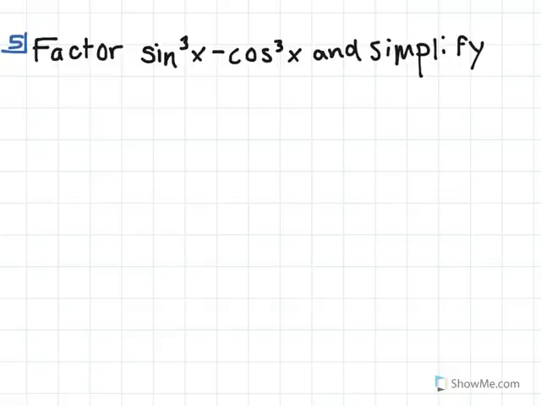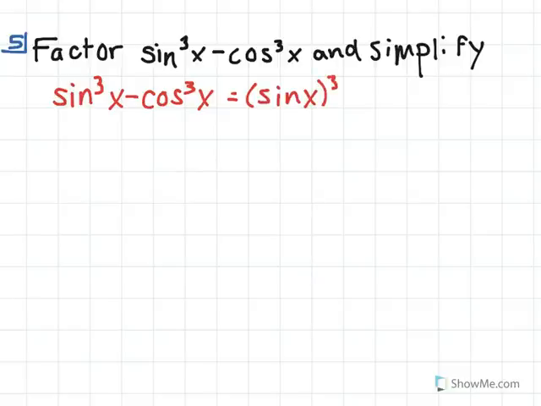In this problem, we're asked to factor sine cubed x minus cosine cubed x and simplify. So the first thing that we can notice about this problem is that sine cubed x minus cosine cubed x can also be written as sine of x cubed minus cosine of x cubed.